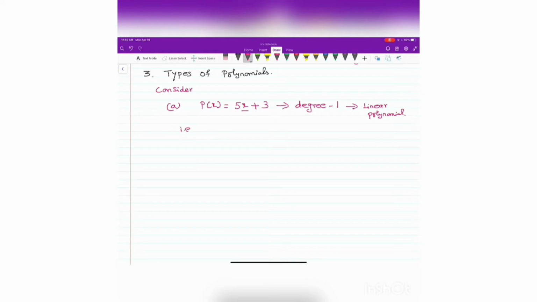That is, a polynomial of degree 1 is called a linear polynomial.